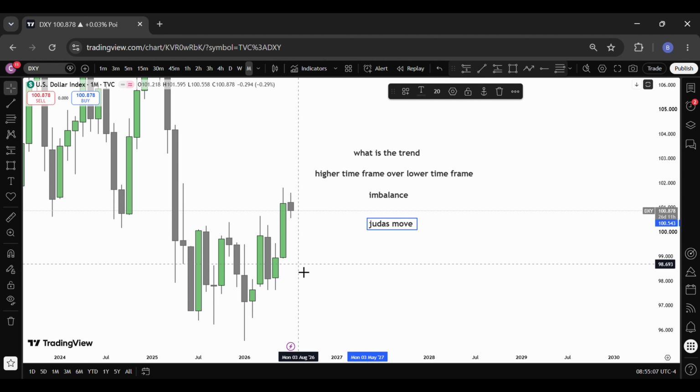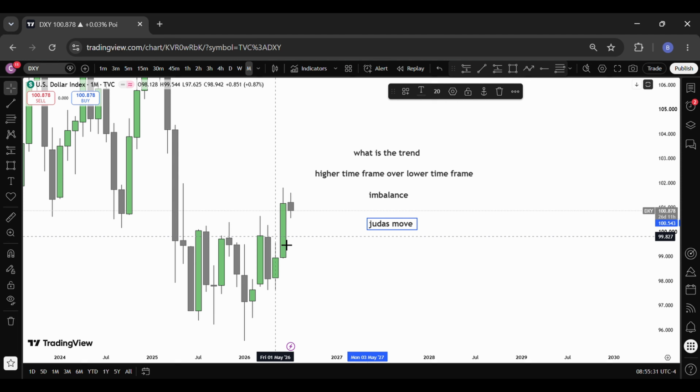That's what the Judas move is. If you're in a bearish trend and you're selling, and a new month, week, or daily candle opens, you would want to see the Judas move buy before it sells. So clearly we're bullish, right? Now I want to see a bearish Judas move to the downside.